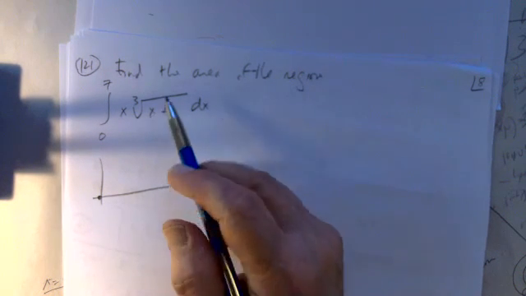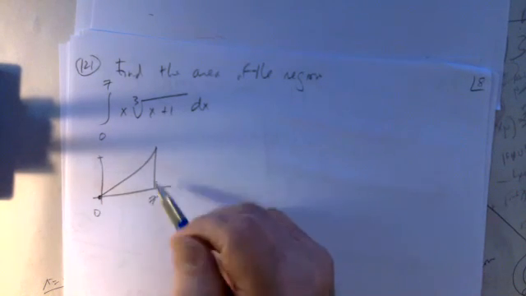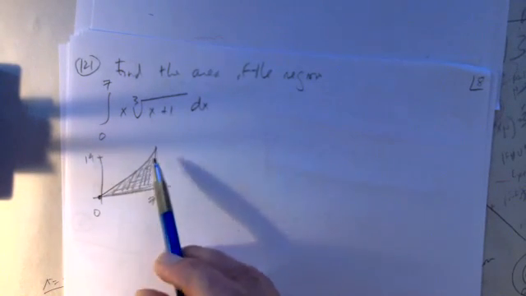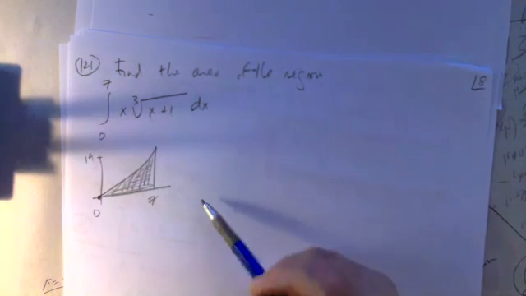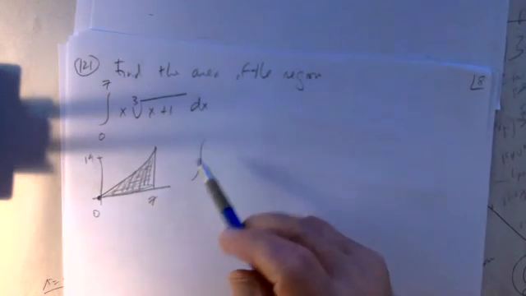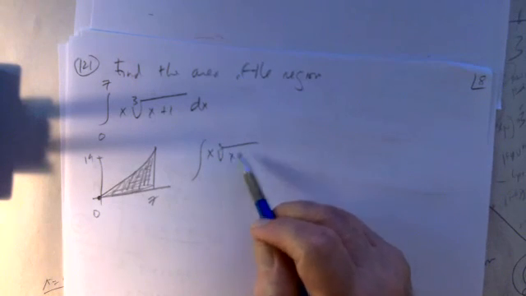So this function looks something like this, and we want to find this area. This is the graph of y equals x times the cube root of x plus 1. So how do we find the definite integral? Well, we try to compute the indefinite integral of x times the cube root of x plus 1 dx.